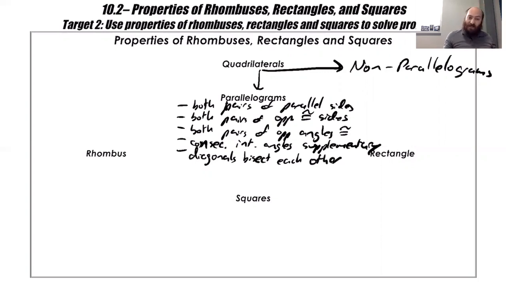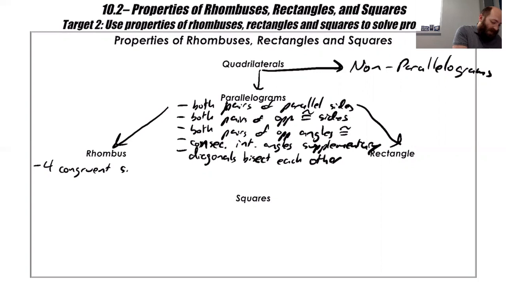Well, here's what's going to happen today. We can actually take parallelograms and go further. It might be a rhombus or it might be a rectangle. A rhombus is defined by having 4 congruent sides. A rectangle has 4 congruent angles.